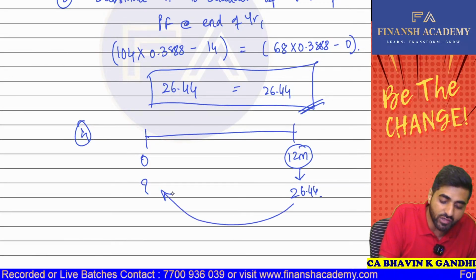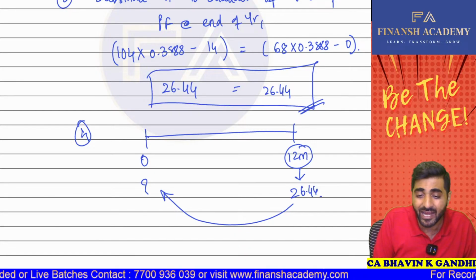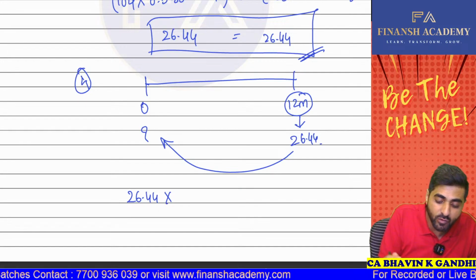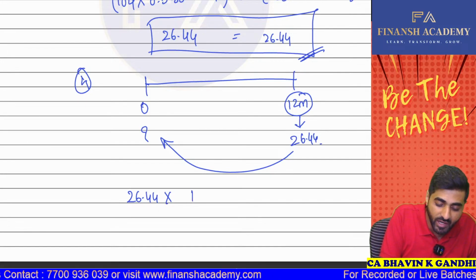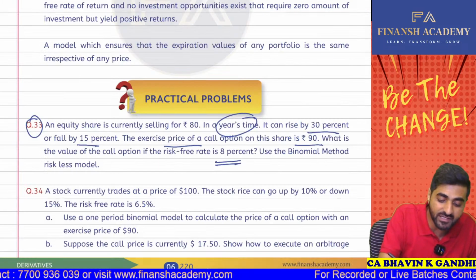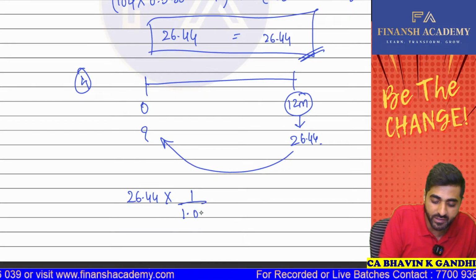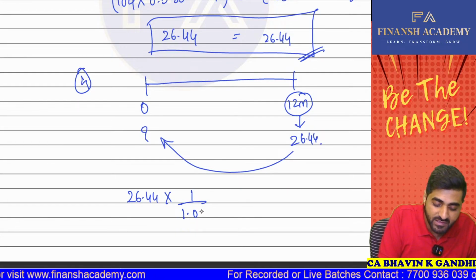If I want to find out the value today, I have to discount it and bring it to the present value term. So I will take 1 divided by 1 point, and the discounting factor is 8%. So this will now be 0.08.